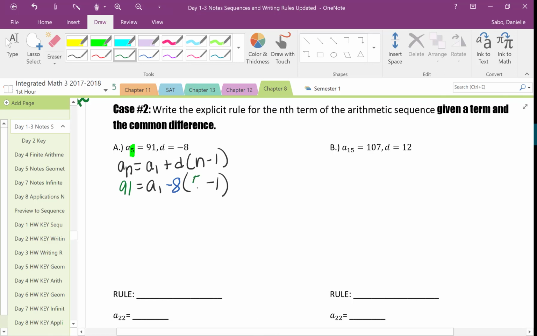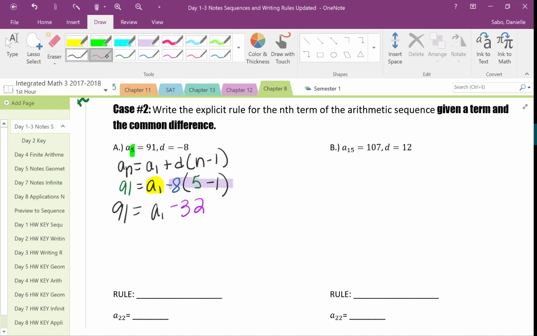So here's the 5. And we're going to solve for a sub 1, the value of the first term. So the goal is to solve for this highlighted piece. Let's simplify this purple piece here. I have -8 times 4. What is -8 times 4? -32. And then I have my a sub 1, the value of the first term. Now what do I do to both sides to get the value of the first term?